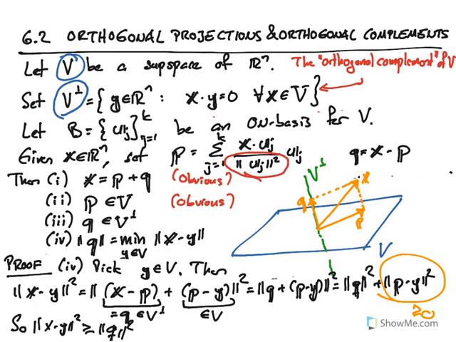I've actually shown a little bit more, so as a bonus, we've shown that equality holds when y is equal to p. So in other words, there is a unique point. The point P is the unique point that is the distance norm Q from X. So it's precisely the one unique point in V that's closest to X.